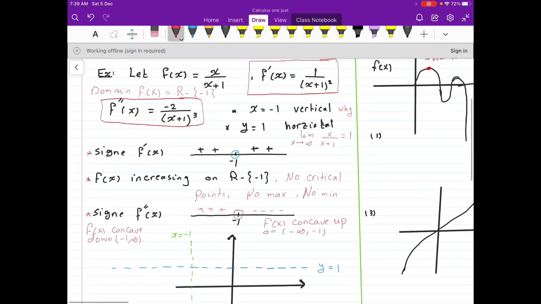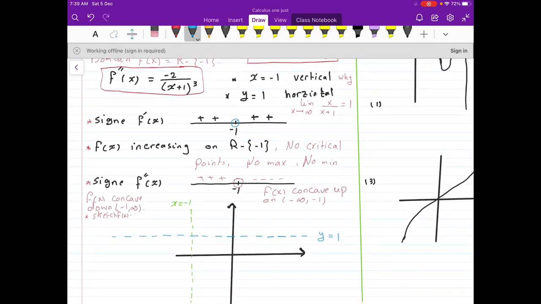Now السؤال الأخير, sketch this function. We want to try to sketch f(x). First of all, we draw the horizontal asymptote y equal 1 and the vertical asymptote x equal minus 1.